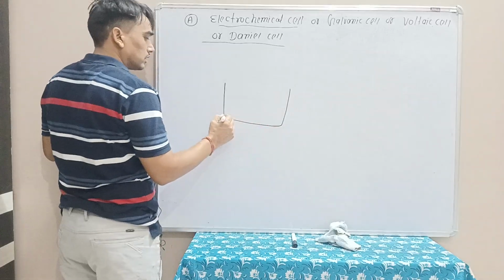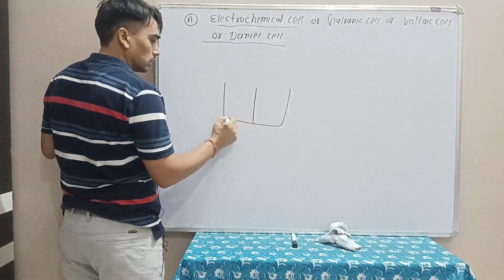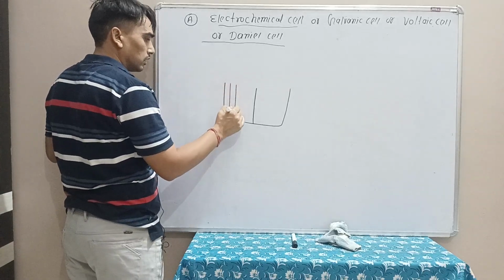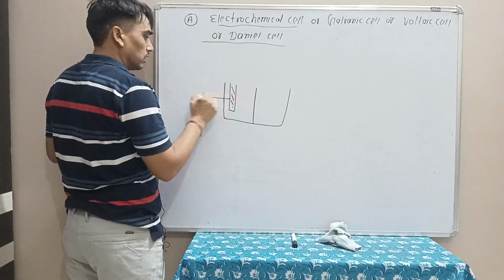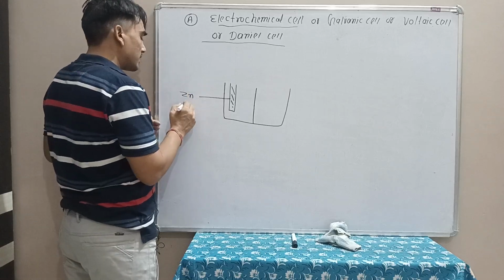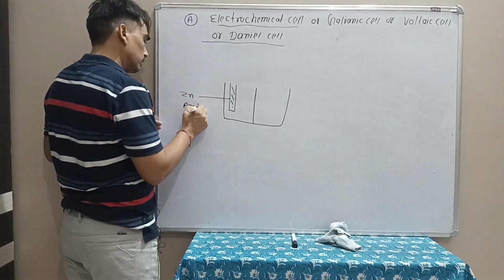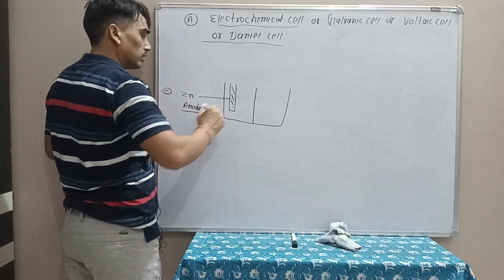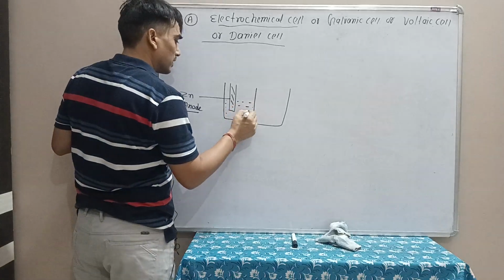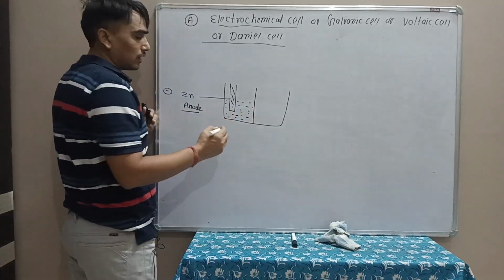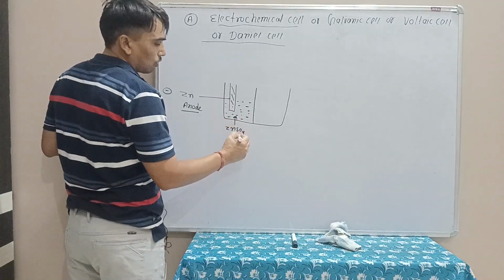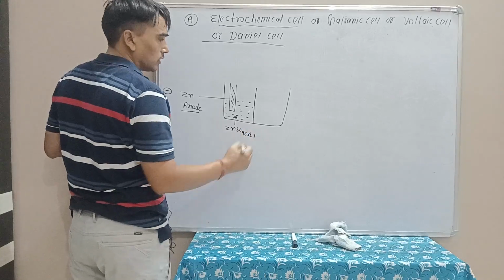We have two containers. The first container contains a Zn metal rod, which acts as anode, and this rod is placed in an aqueous solution of its salt, ZnSO4.